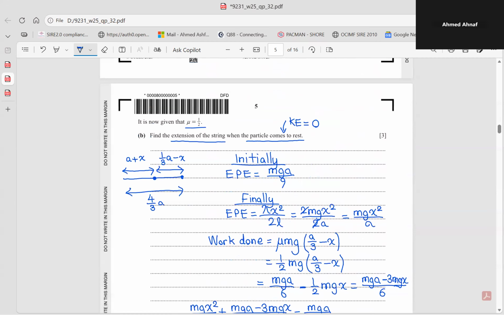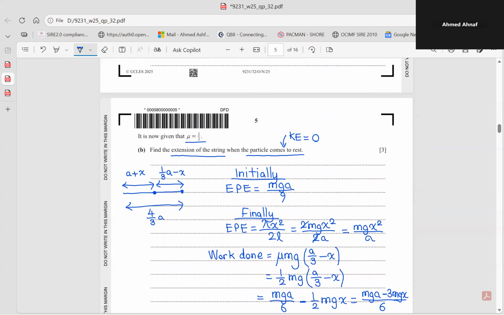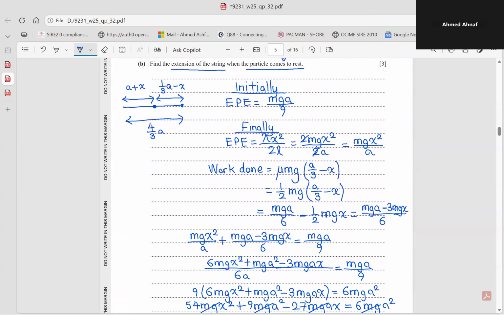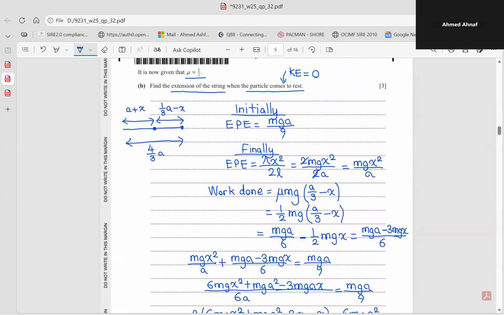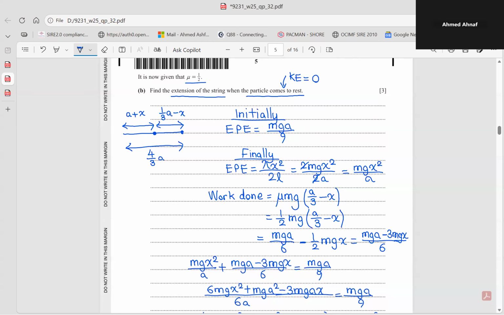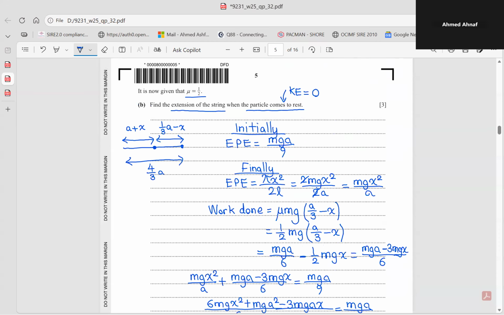So, what extension should we choose? Hmm. Oh, wait. Find the extension of the string when the particle comes to rest. Okay, we can just wait.